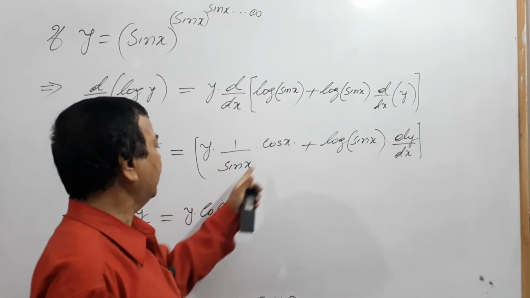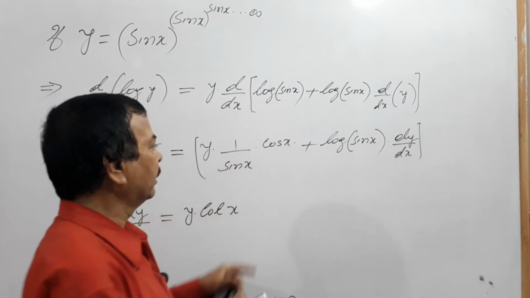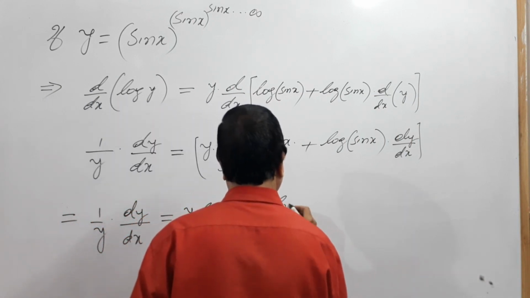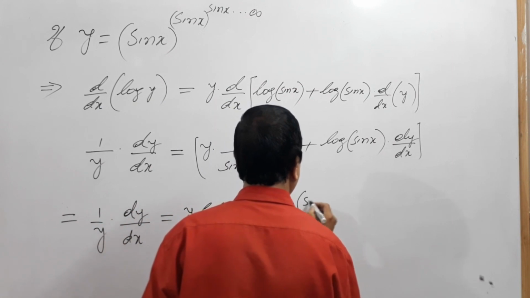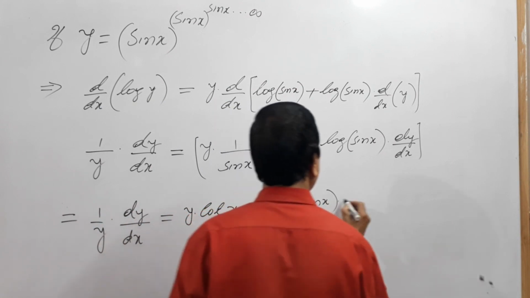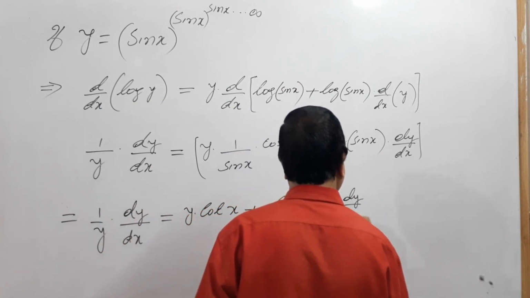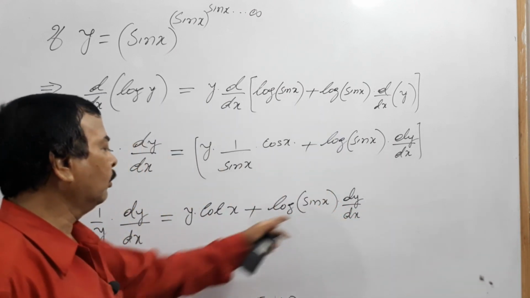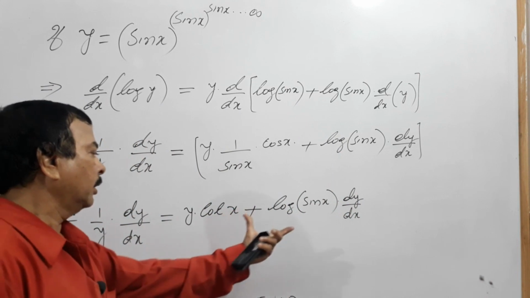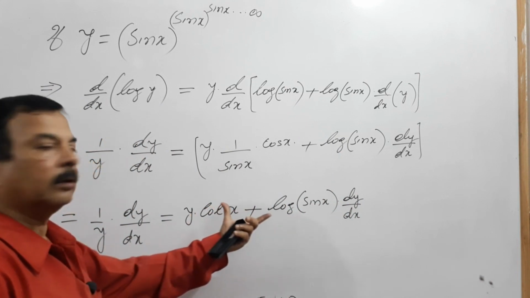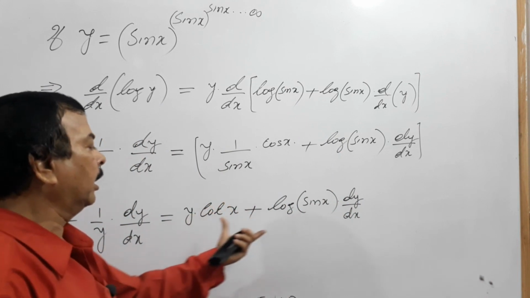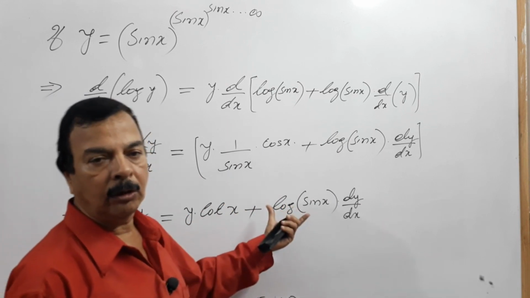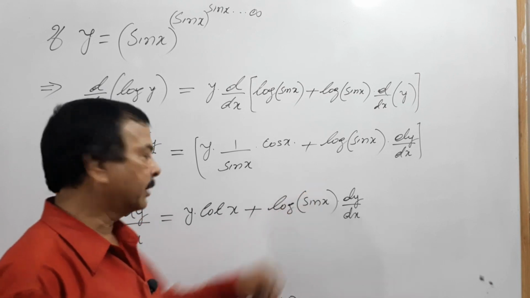So cos by sin is cot x plus log of sin x into dy by dx. So what I'll do, I'll try to group the dy by dx terms on one side and the remaining non dy by dx terms on the other side.